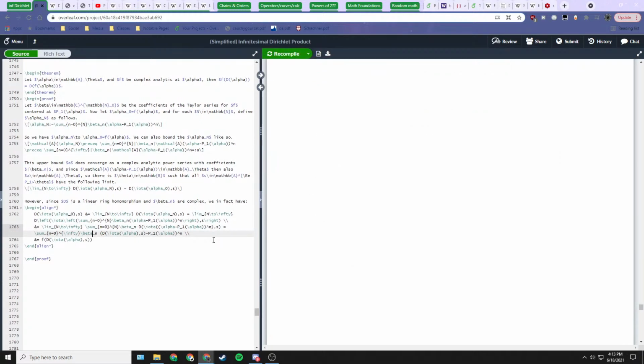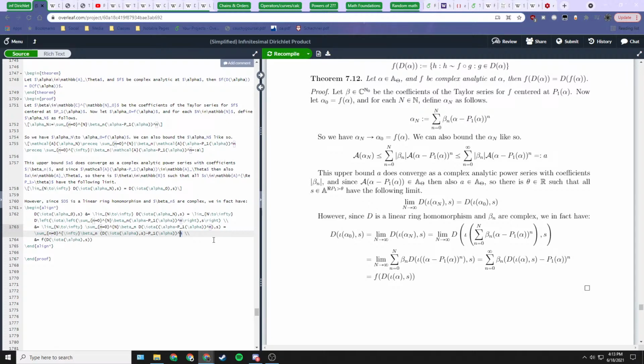Okay, let's also, since that got cut off, let's separate this into another step. So this part in, so we end up with, and so we end up with the summation. So actually we'll do iota alpha minus p1 alpha out here.